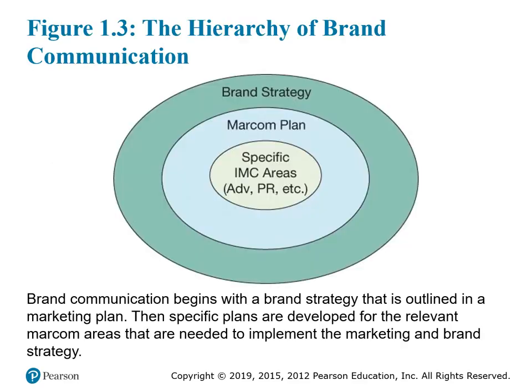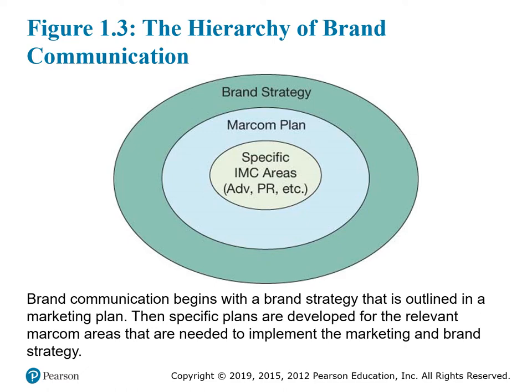So you have the hierarchy of brand communication. You have the brand strategy that's outlined in the marketing plan, which is done by the marketing office. And then the specific plans are developed for the relevant marketing communication areas. So the marketing office could be proposing marketing communication tools and so forth.